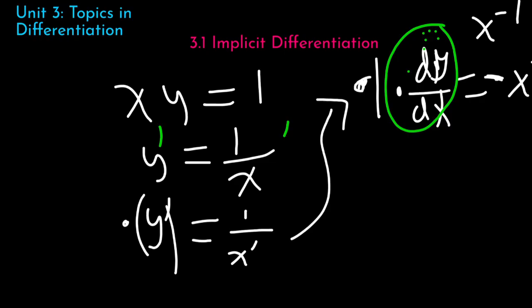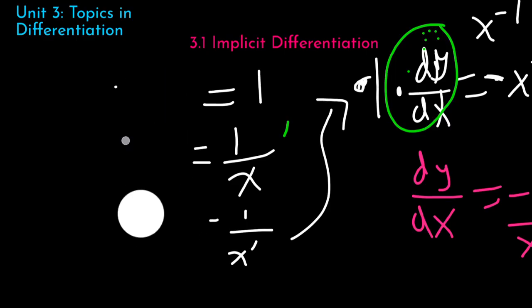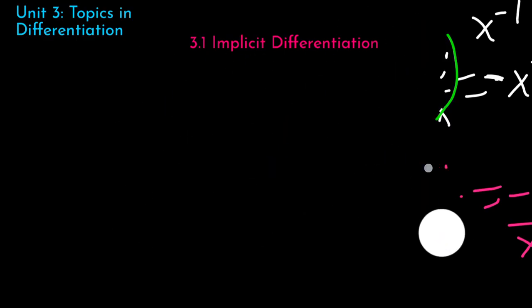Luckily, it cancels out to 1. So then we have dy over dx equals negative 1 over x squared. And that's implicit differentiation. Some of it may still be confusing, but don't worry, we're going to do something where it's going to make a lot more sense.